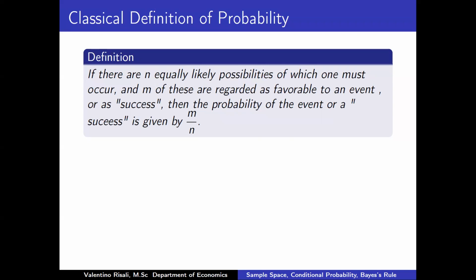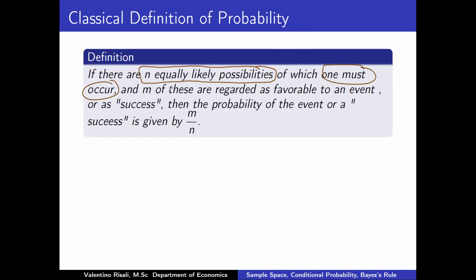We discuss the first definition, that is the classical one. In this definition, we assume that we have n equally likely possibilities. It means they have the same probabilities to occur, and one of them must occur.